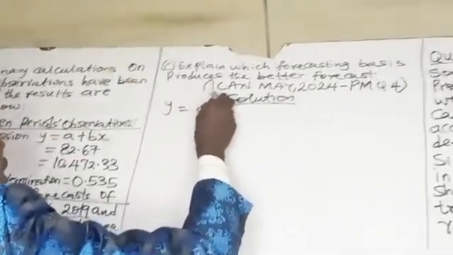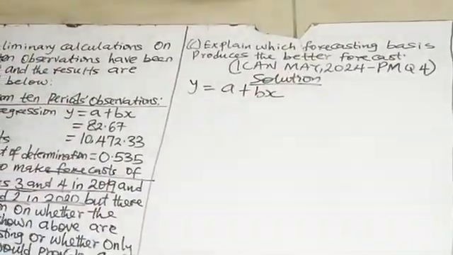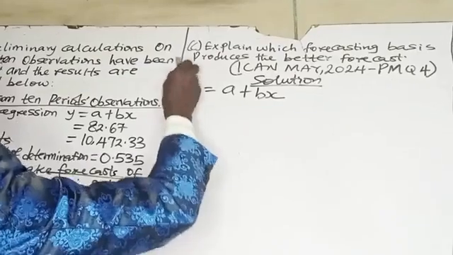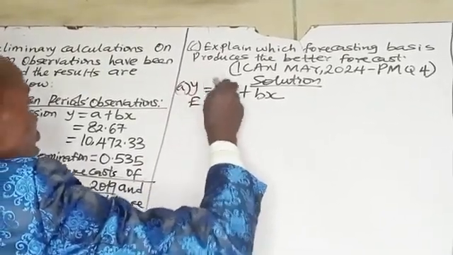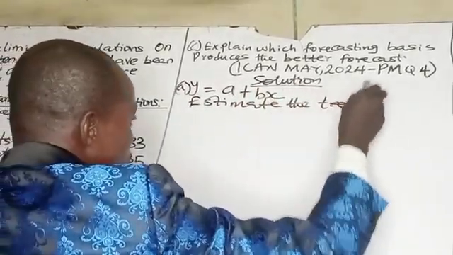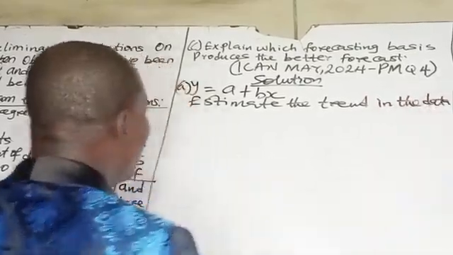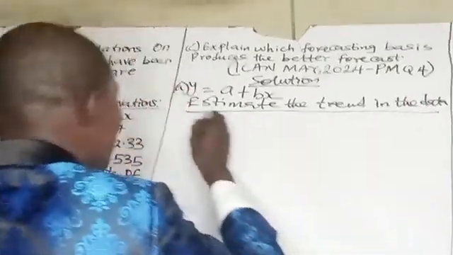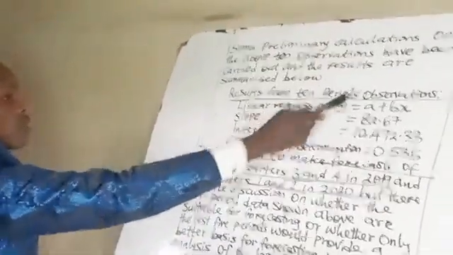Y equals a plus bx. The first thing is to estimate the trend in the data. So trend is Y equals a plus bx. What is the value of a using 10-period observations?